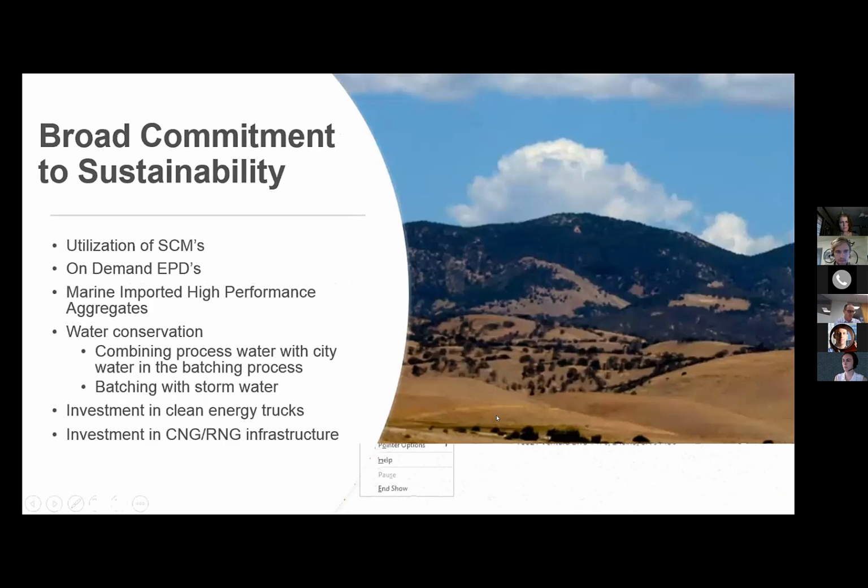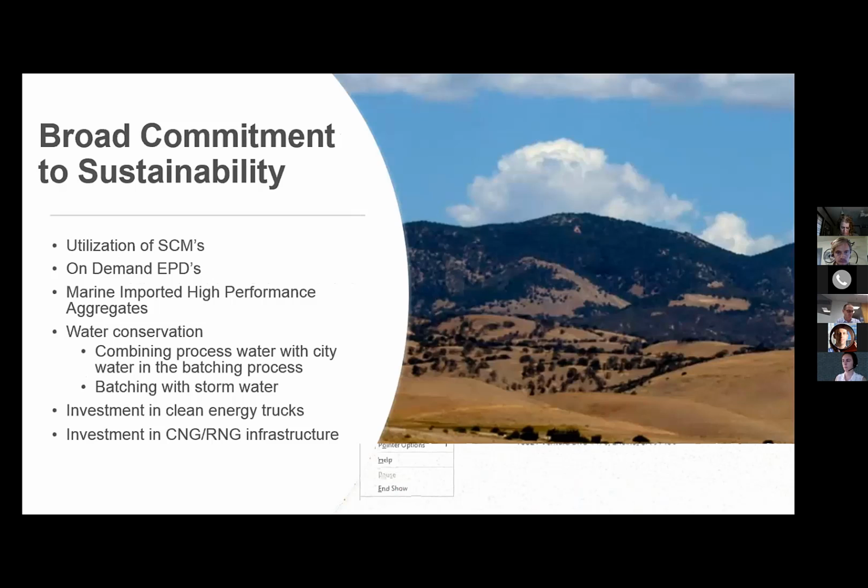VCOT has a very broad commitment to sustainability, and that commitment led to an immediate approval of our commitment to moving forward with sustainable concrete here in Southern California.